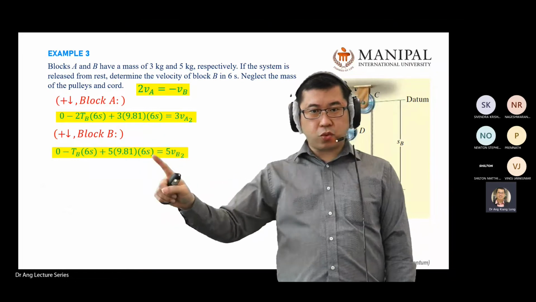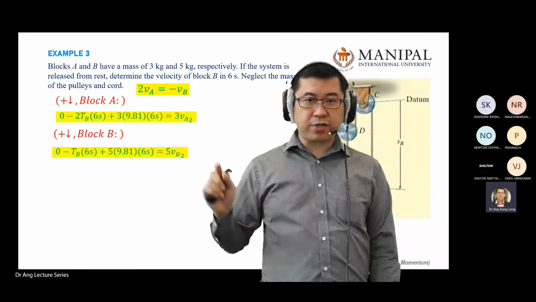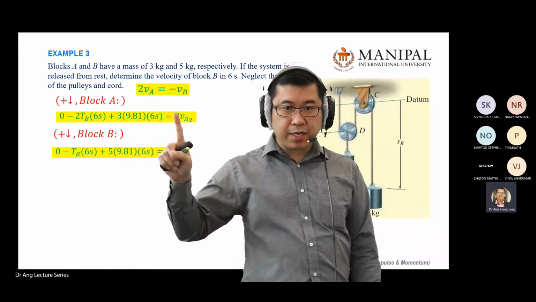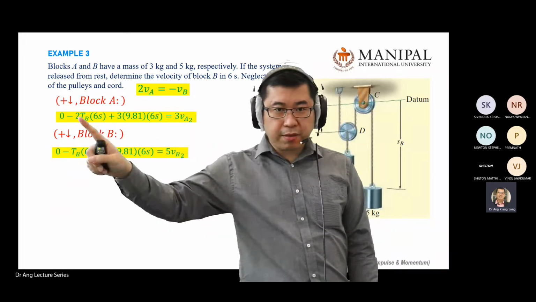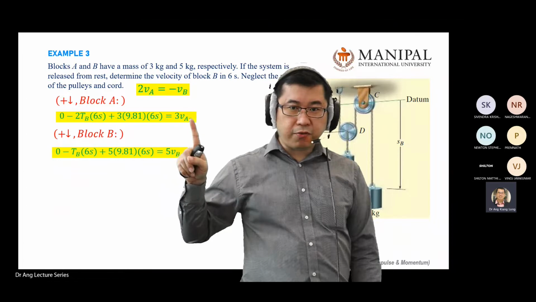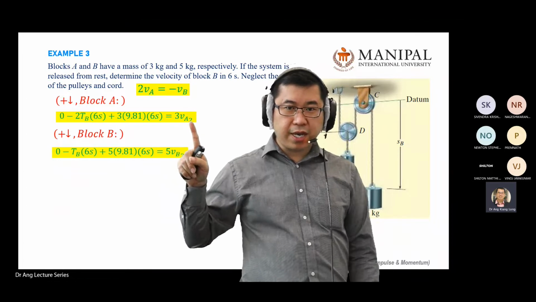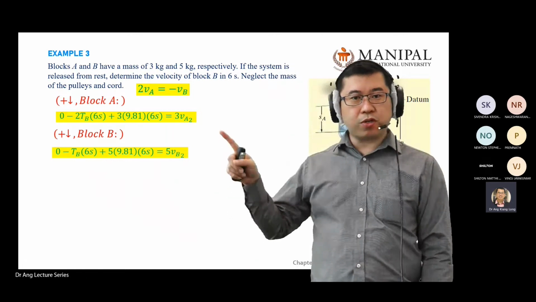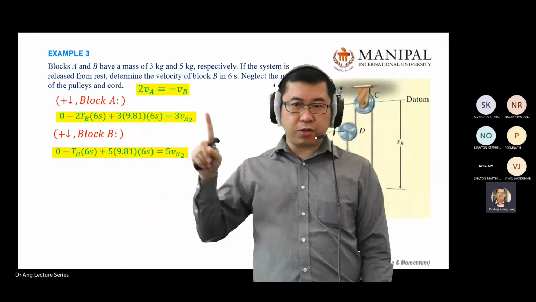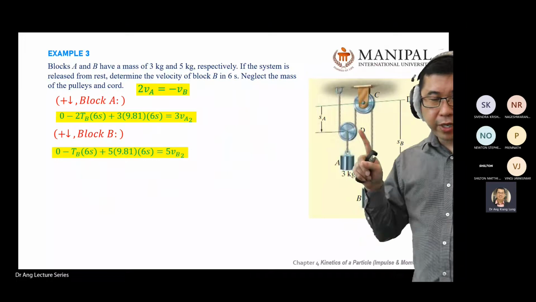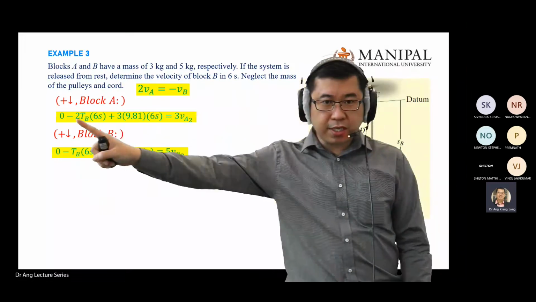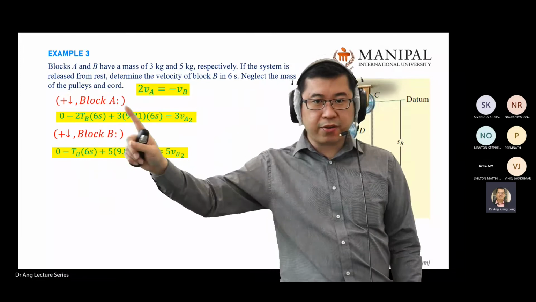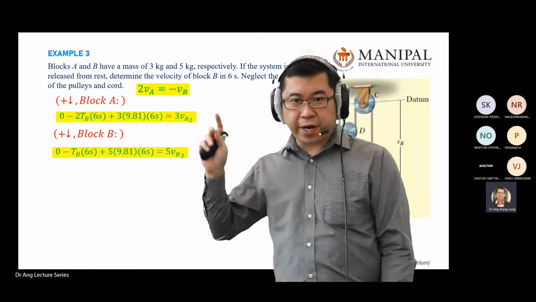Solve these two linear equations. You have two equations but three unknowns: TB, VA, VB. Now, if you do not do the simplification using the pulley free body diagram just now, you will see TA over here, and you have 4 unknowns.